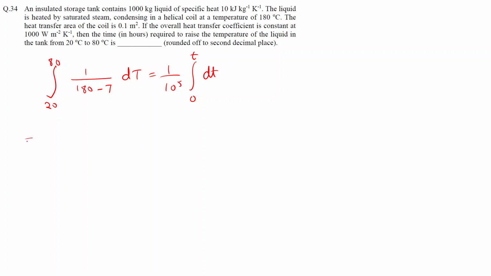We can integrate this as minus of ln of 180 minus T. It will go from 20 to 80, and we will do 1 over 10 raised to 5 into t minus 0.